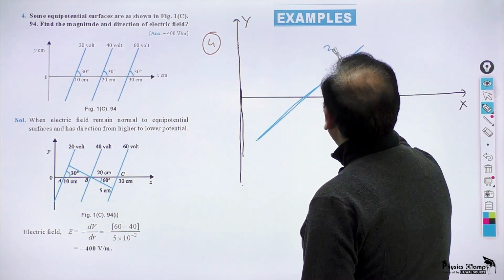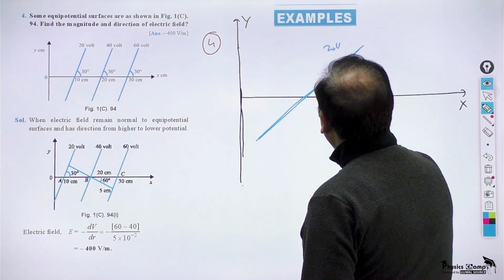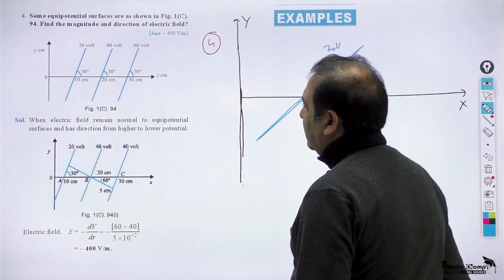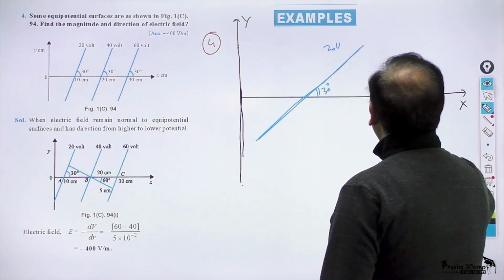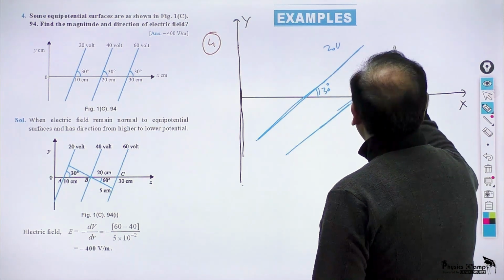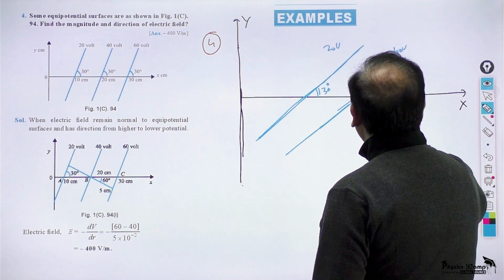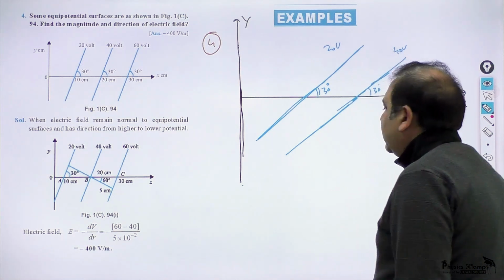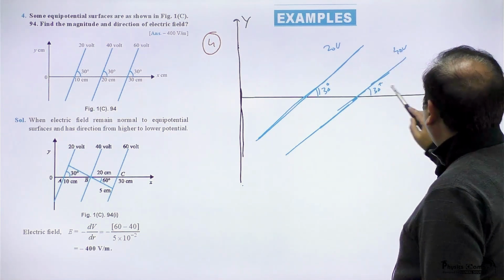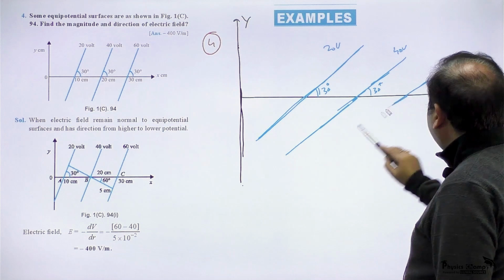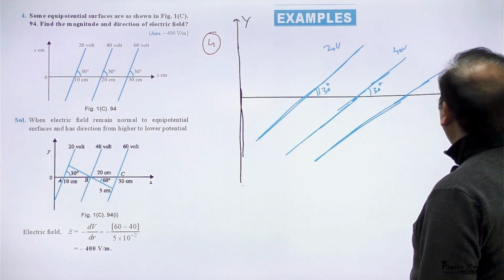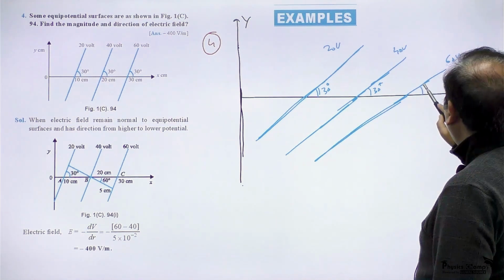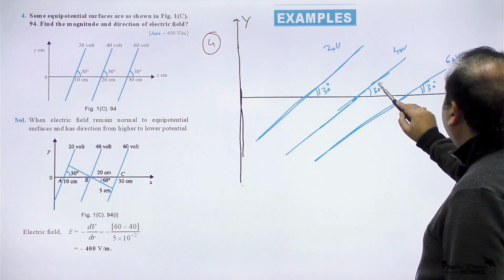It has a potential of 20 volt and it is making an angle of 30 degree with x-axis. Similarly, you have another which is having a potential of 40 volt and is also making an angle of 30 degree with x-axis. There is another equipotential surface which is having a potential of 60 volt and is also making an angle of 30 degree with x-axis.